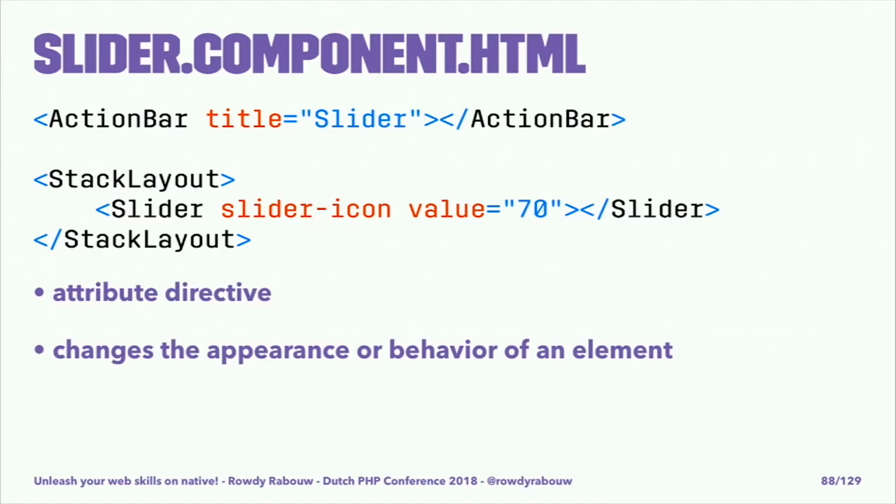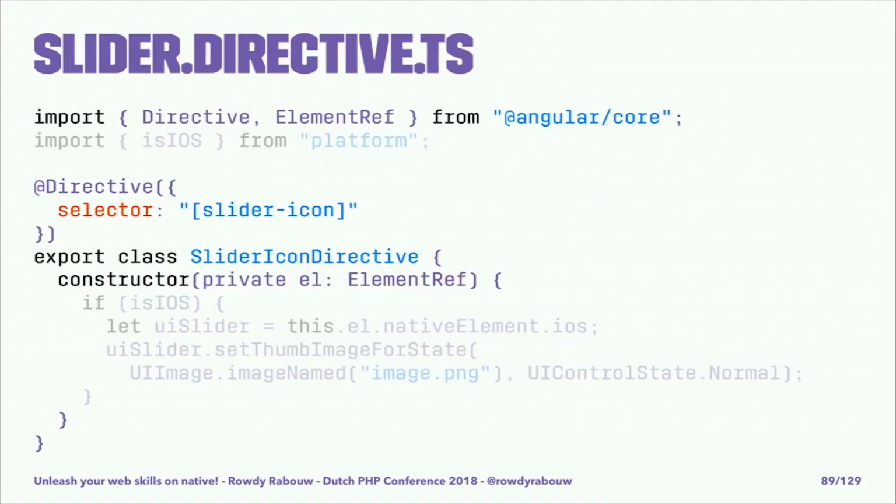This doesn't go like that, so I have to create something called a directive. So a directive.ts, a TypeScript file for that. The things highlighted here, again, is boilerplate. You can find it anywhere. It just makes sure that you can reference that slider icon selector.